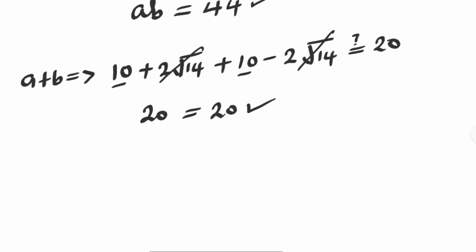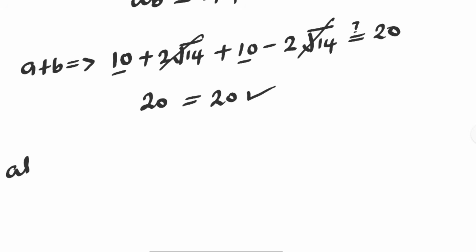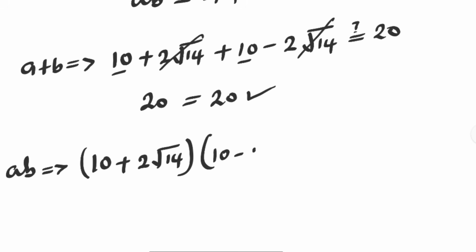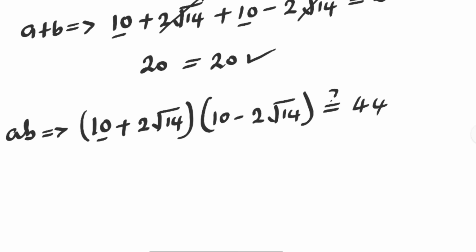Let us consider this. AB can be written as 10 plus 2 root 14 multiplied by 10 minus 2 root 14, must be equal to 44. Here we have 10 multiplied by 10, that is 100.